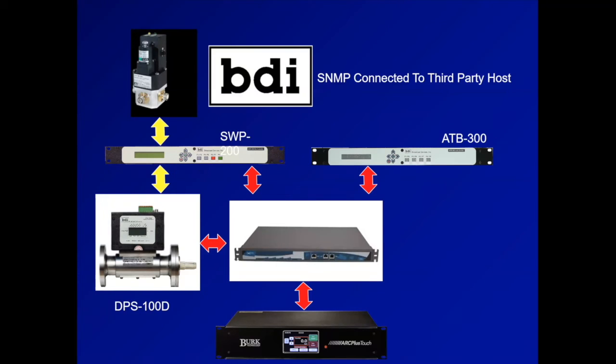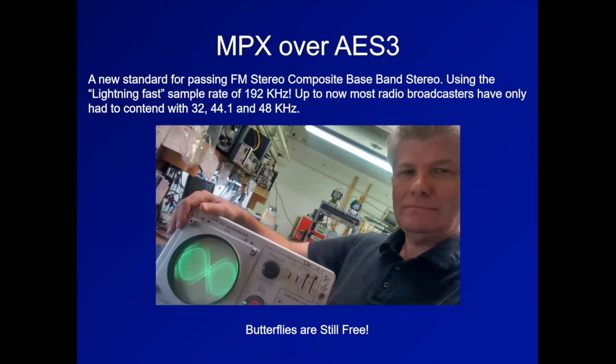You can interface everything you see on this page to a Burkhart Touch Plus through a DDI product, either by SNMP or, in the case of the motorized switch there, that's a cable that just connects to the switch. There's no SNMP about that switch at all, but you can connect to our controller, and then you can get to it through the BERC if you need to. Okay, next slide. I think that is it on SNMP.